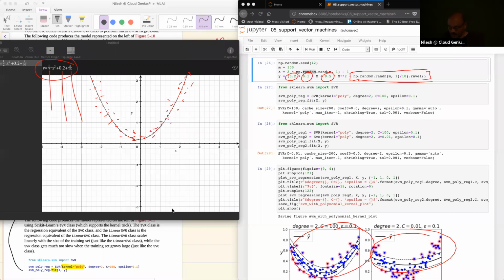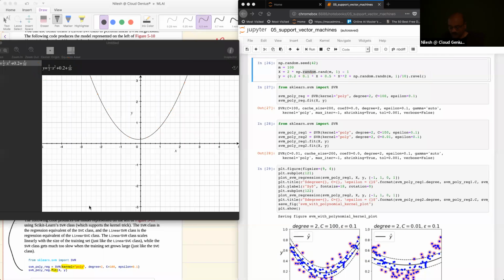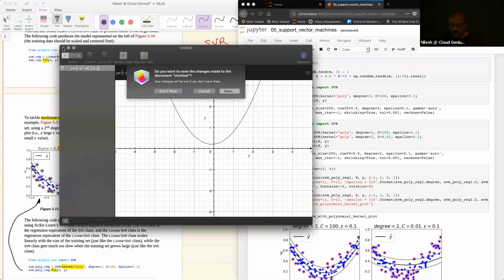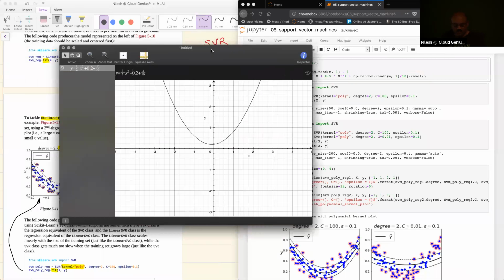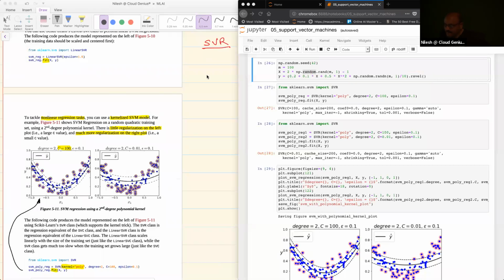So I'm clearing this drawing again and getting rid of this solver, and not saving it. I'll just cancel it, minimize, and now run the code. We'll generate this data set, import the polynomial kernel and fit the data set.